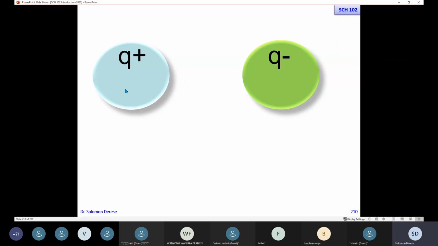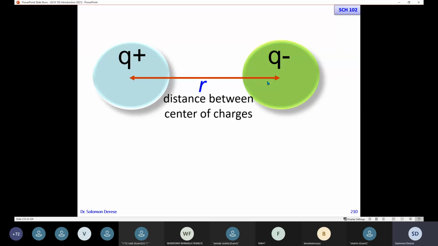One will have a Q plus charge, the other a Q minus charge, the Q representing the magnitude of the charge, and the plus and minus indicating that one is electron deficient and the other is electron rich. And suppose the distance between them, the bond length, is R.